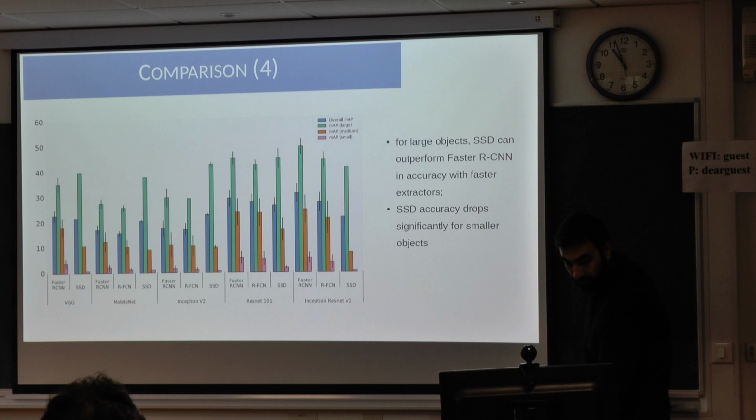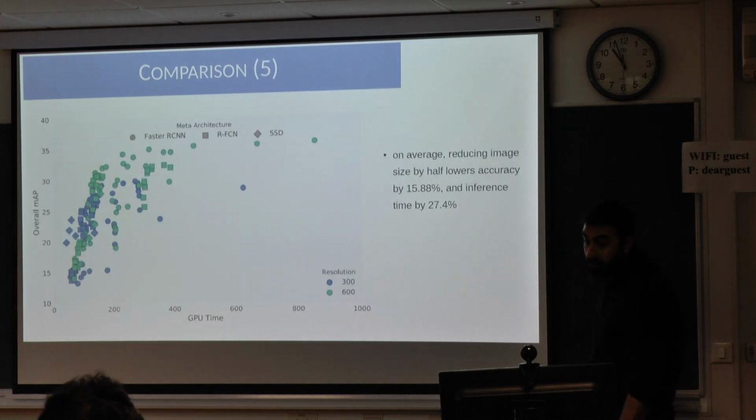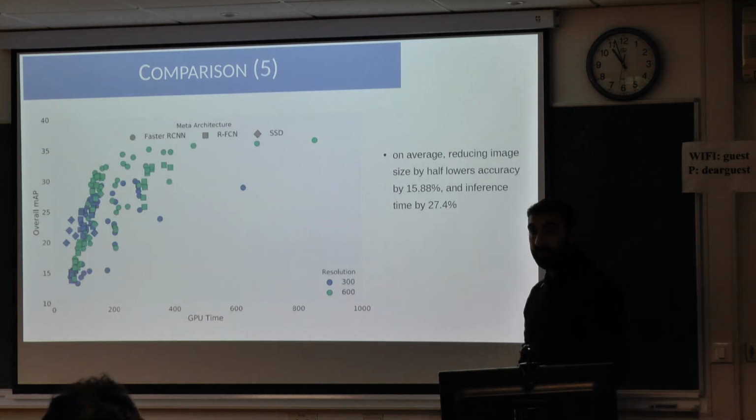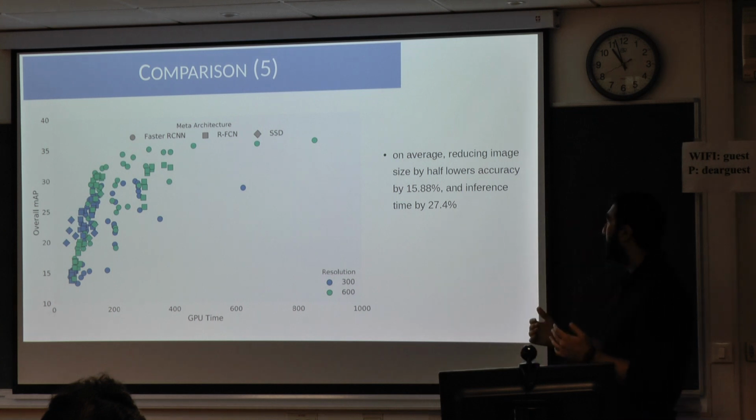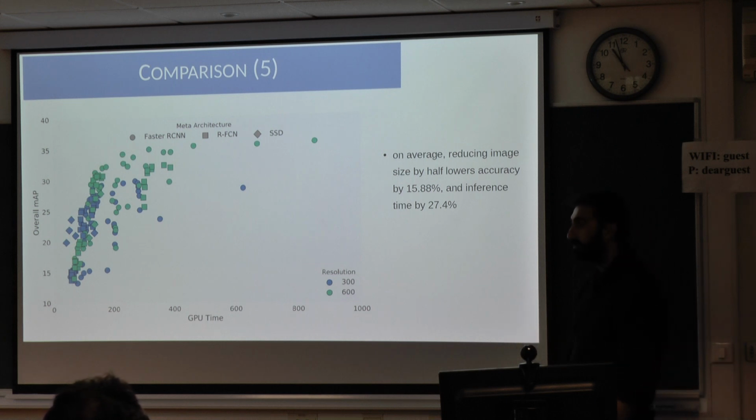So it's something else that you have to take care of. And the resolution of the image, it's something that you can really play around with, because in general, if you decrease the resolution, you decrease both accuracy and the time you need for the detection, but in general, the accuracy is affected less. So again, it's something you have to tweak and play around with to meet your needs.